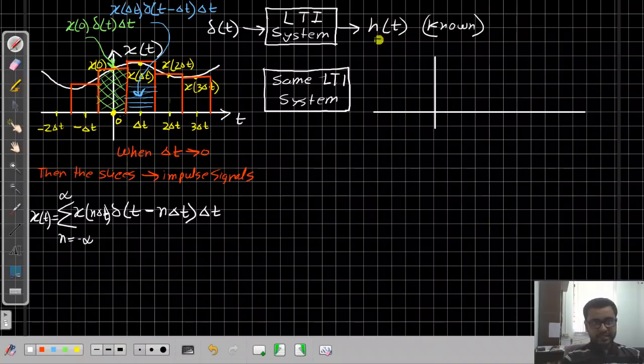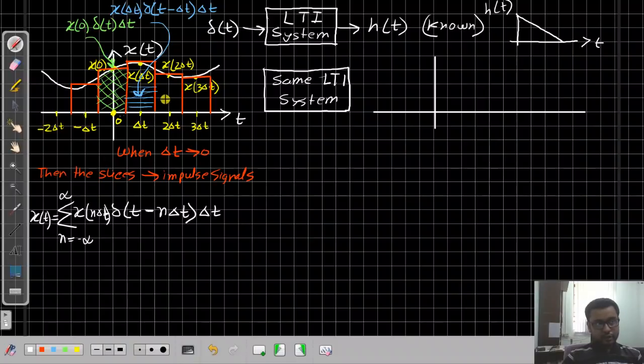Suppose this h of t looks like this. Take some arbitrary pattern, I am taking a simple pattern, maybe like this. Suppose this is time versus h of t. Then, note that the actual signal is a sum of all these impulses, 1, then 2, then 3.